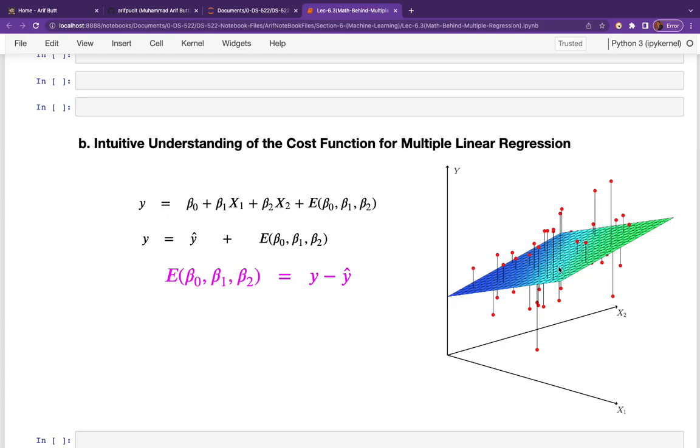And if we somehow find the minimum of this error function for betas, then this plane is called the best fit plane to the data using least squares. So now we have the intuition, that is, we want to minimize this error. Let's do it.